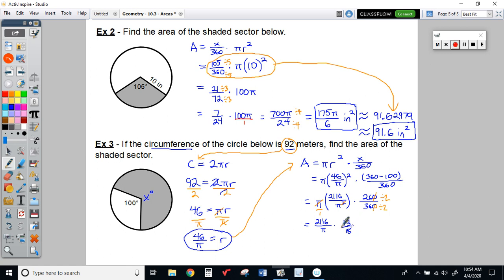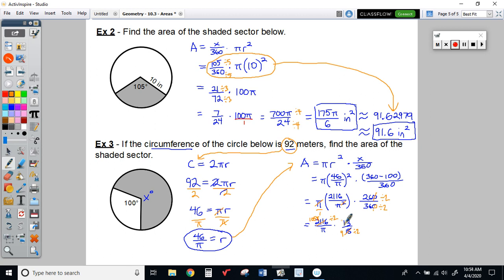And from there, we can multiply things together, or we could use that cross cancellation sort of process. It does look like from there, this number and this number would at least be divisible by 2. So if you did that, that would turn into a 9, and this would turn into 1,058.